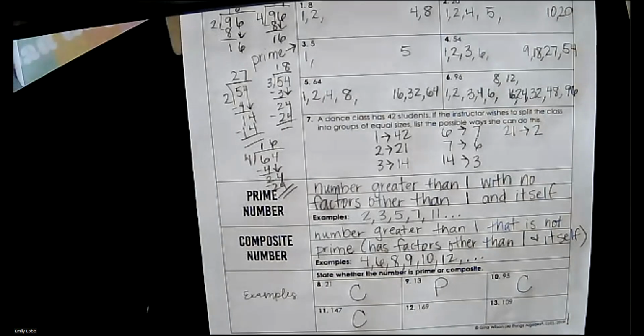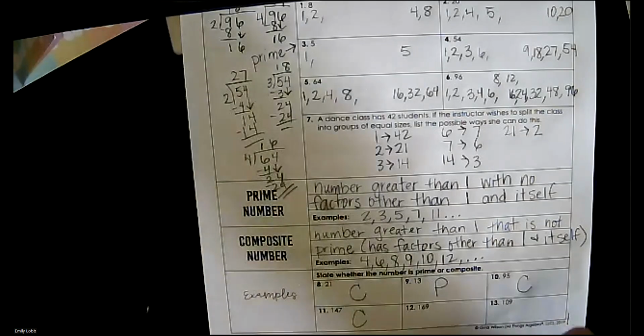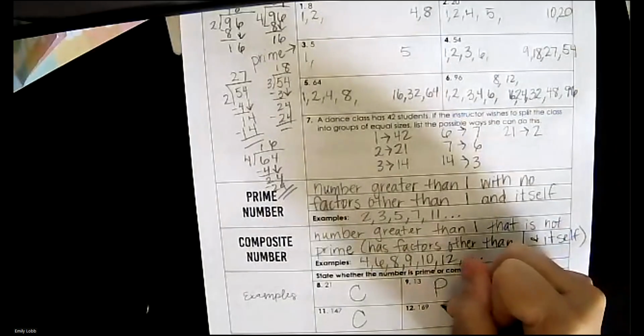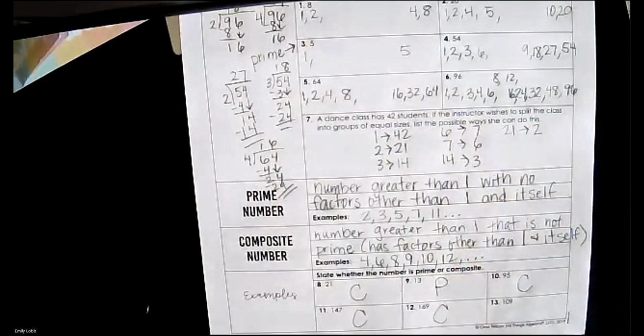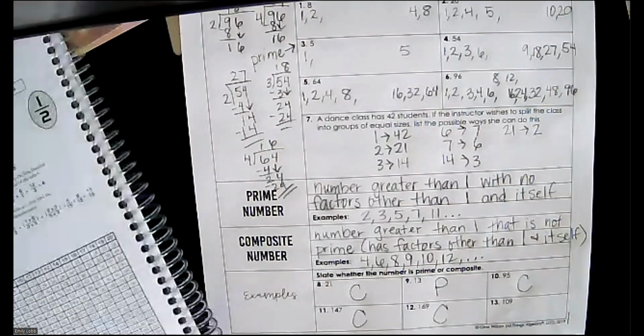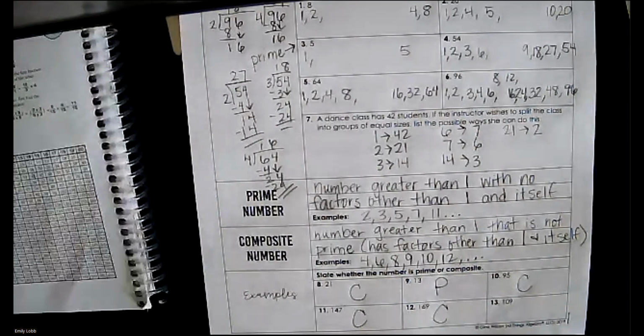I'm just looking to see if I can find this number on my multiplication table, and I do see it, actually. It's divisible by 13. 13 times 13. So we do have to say that it is composite. It's hard to check all those numbers though, isn't it? So our multiplication tables will come in handy this unit.